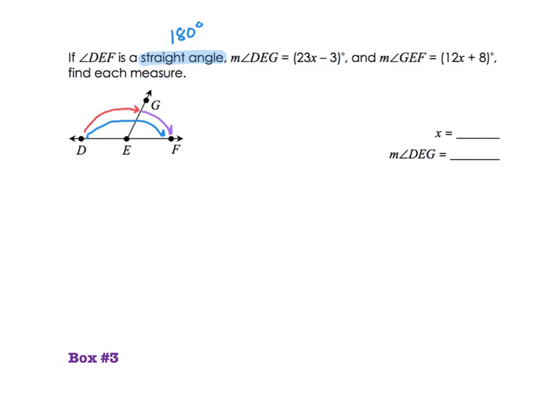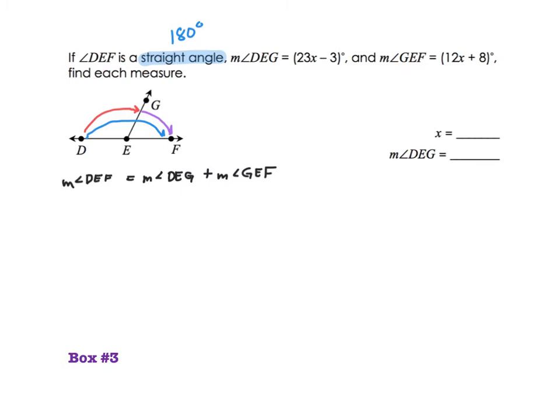Again, I like to write them down as measurement of angle DEF. The whole thing is equal to the other two small angles, which equals measurement of angle DEG plus measurement of angle GEF. I should have done the color coding for you.